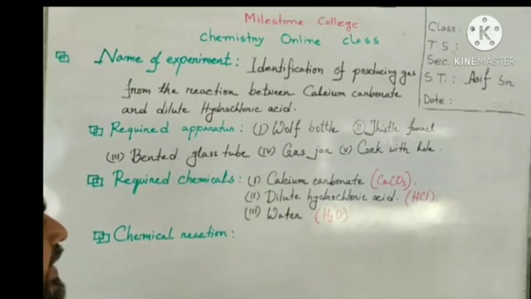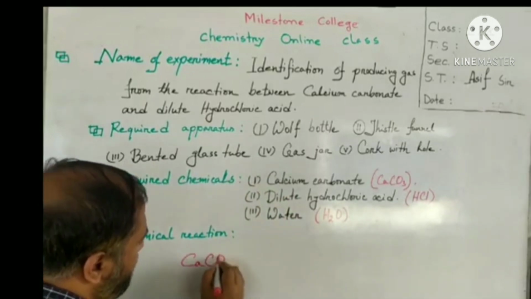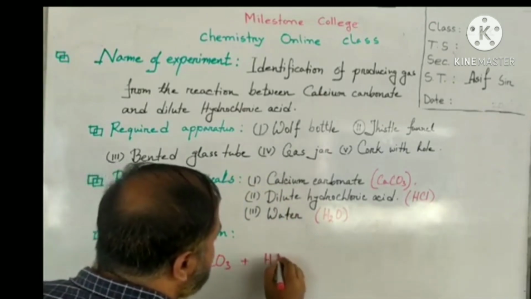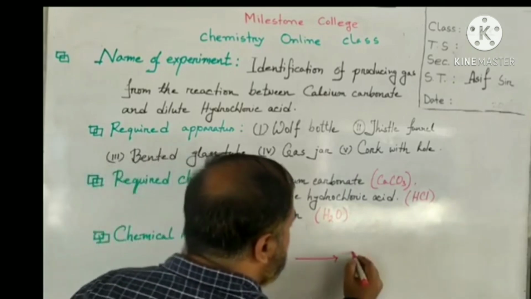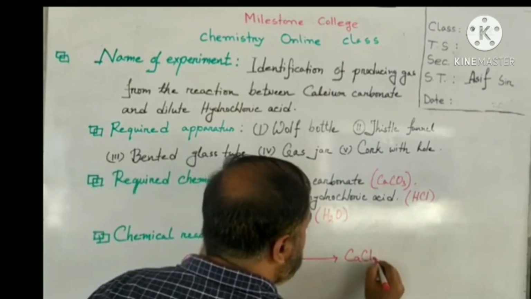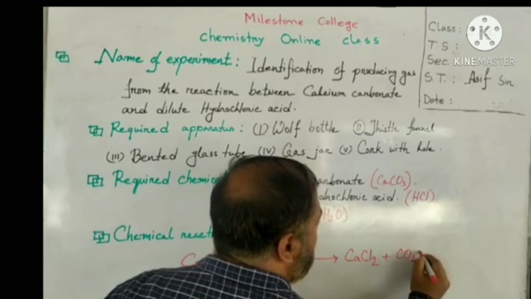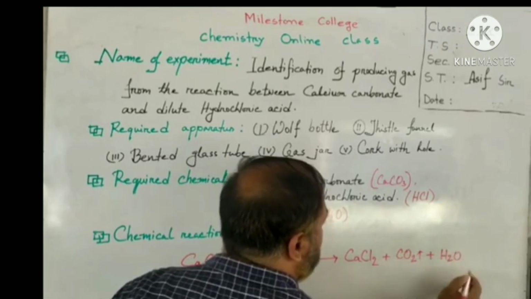You can see calcium carbonate reacts with hydrochloric acid and produces calcium chloride, which is a salt, carbon dioxide gas and water.